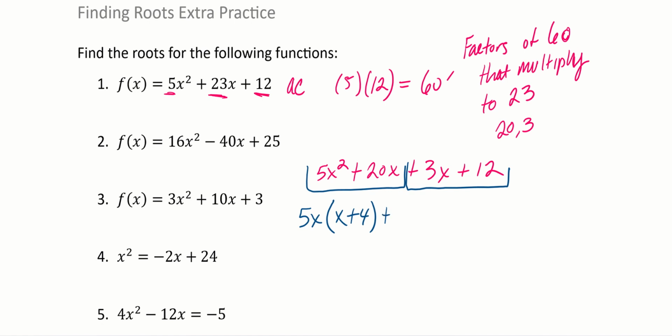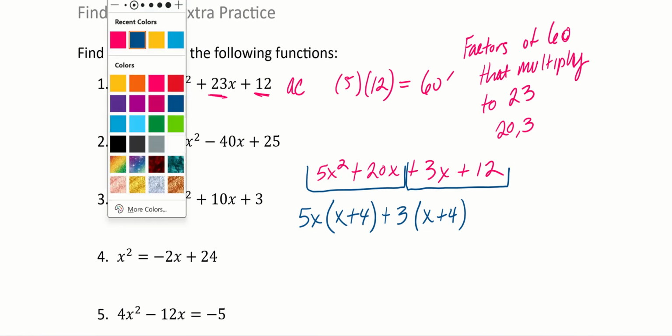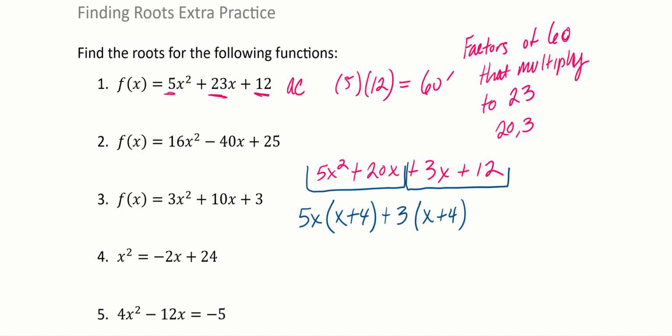And over here, we're going to do the same thing. We're going to find a common factor between 3x and 12, and that would be 3. So we'll pull the 3 out, put a parentheses. 3x over 3 is just x, and 12 over 3 is 4, so x plus 4. The last step is we're going to use the distributive property and combine the things outside of the parentheses.